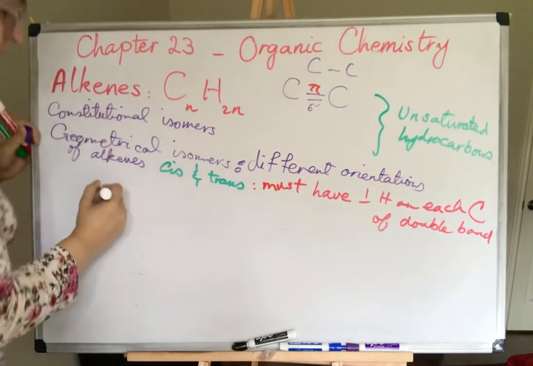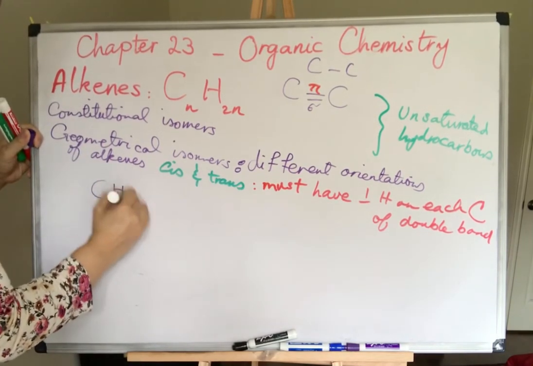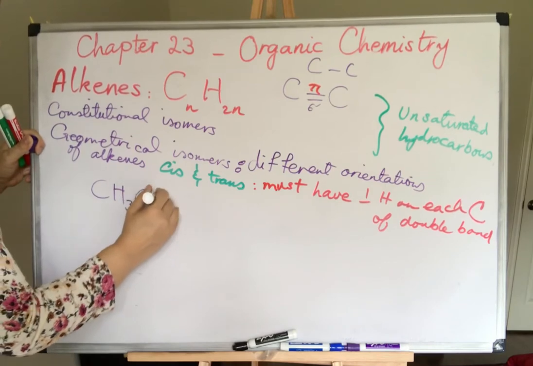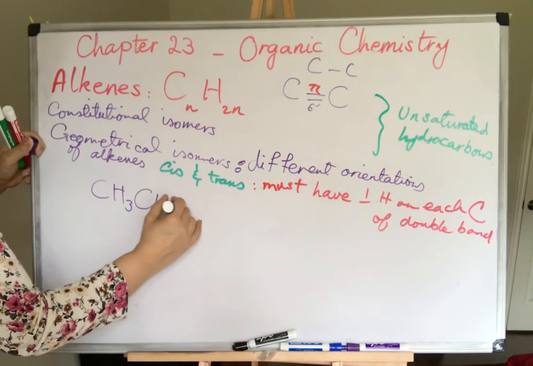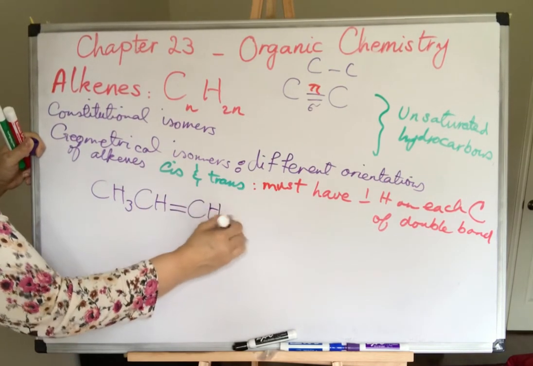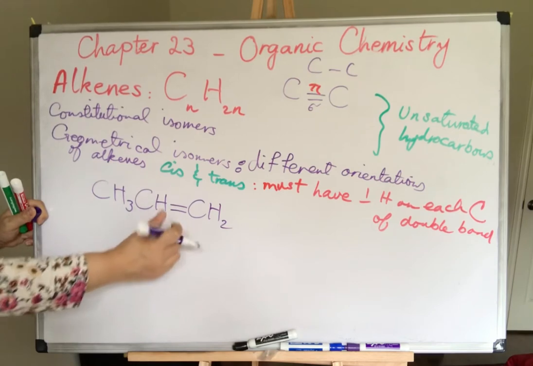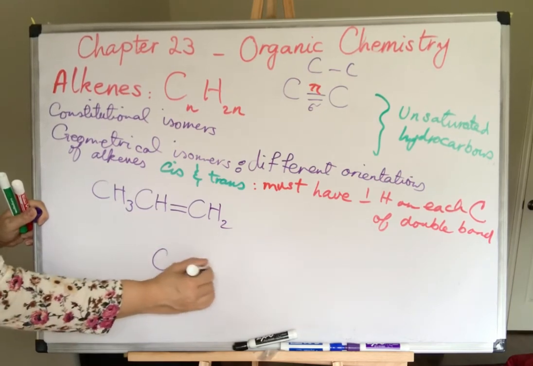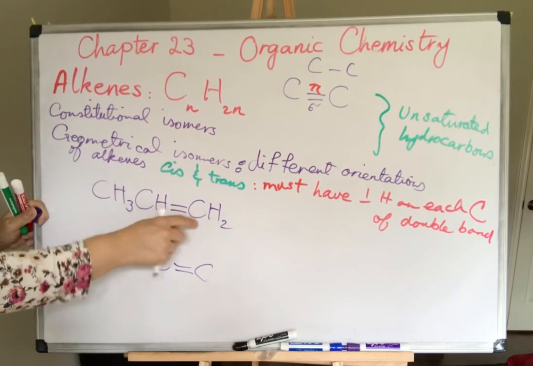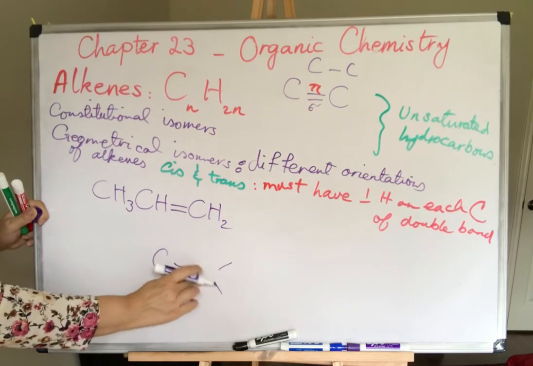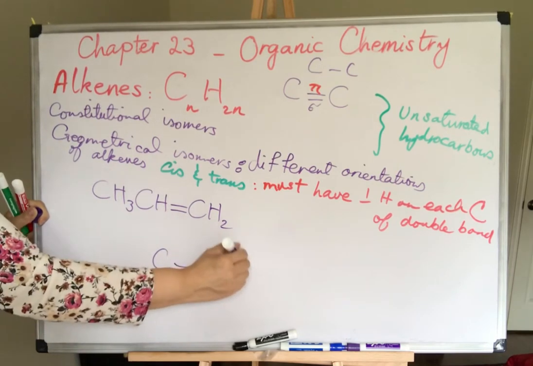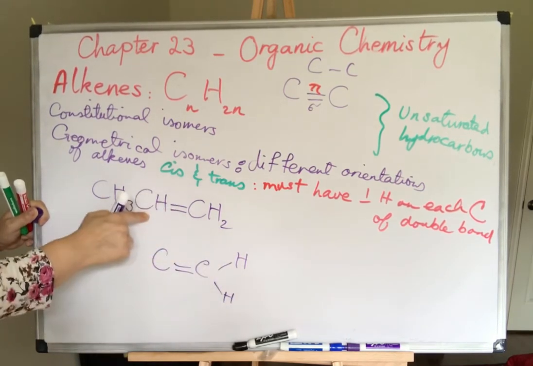Let's say you have this compound, CH3, CH, CH2. We don't know the name, and we don't want to know the name at this point. So what did I say? Put the carbons of the double bond first. What do you have on this carbon? Two hydrogens. What do you have on this carbon?